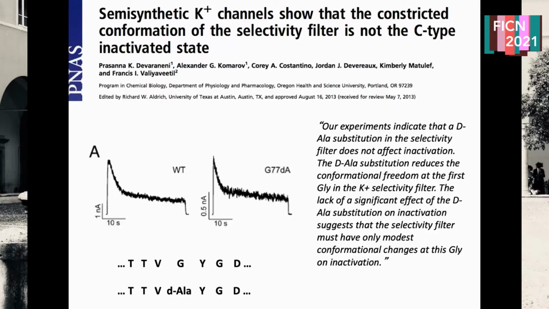So, having done that work, we felt pretty good about ourselves, and we were happy. But then, this became more controversial. Francis Valiyaveetil pointed out that you can change the central glycine, where you get this pinching, to a D-alanine that somewhat prevents the pinching, and yet you still have inactivation in macroscopic current.